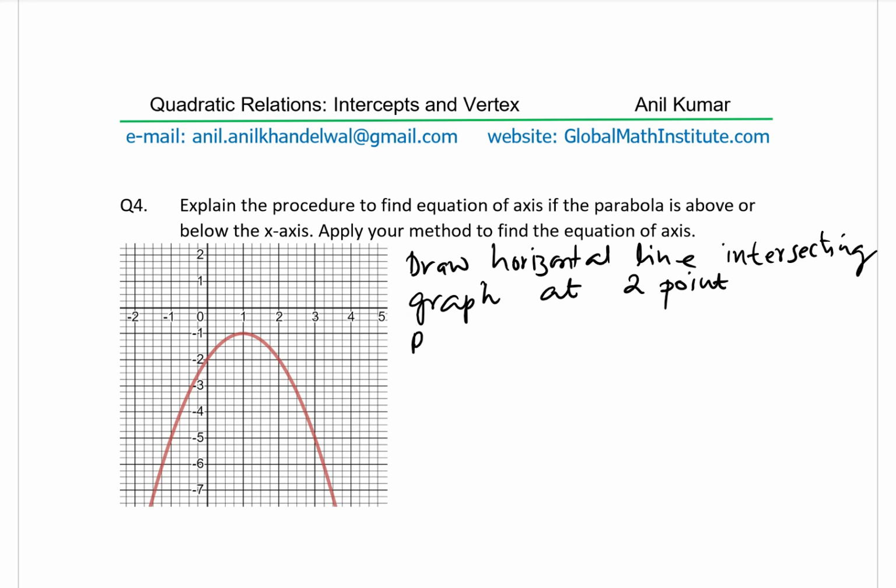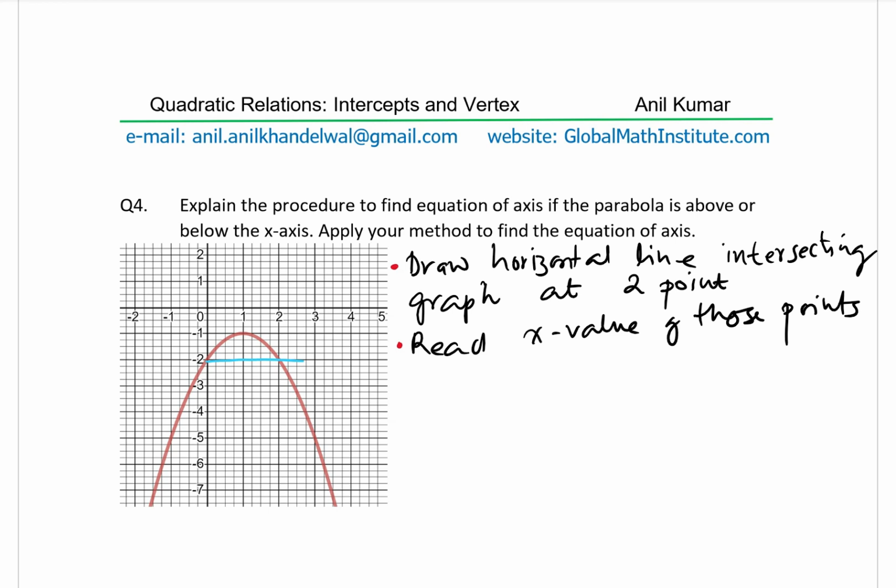Then we have to read the x values of those points. So clearly, if you want to read x values, you should choose a line which gives you fairly accurate values. So here we have this -2. So this line is a very good line to draw.